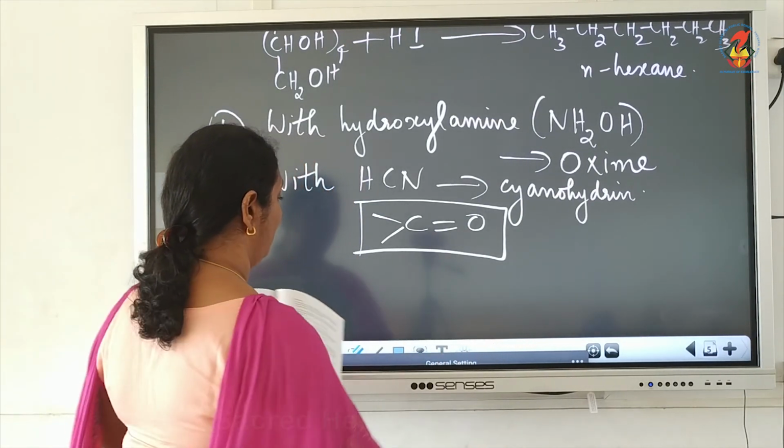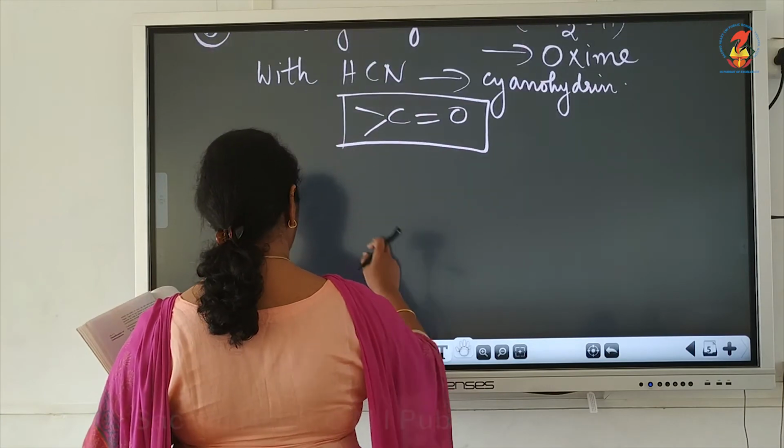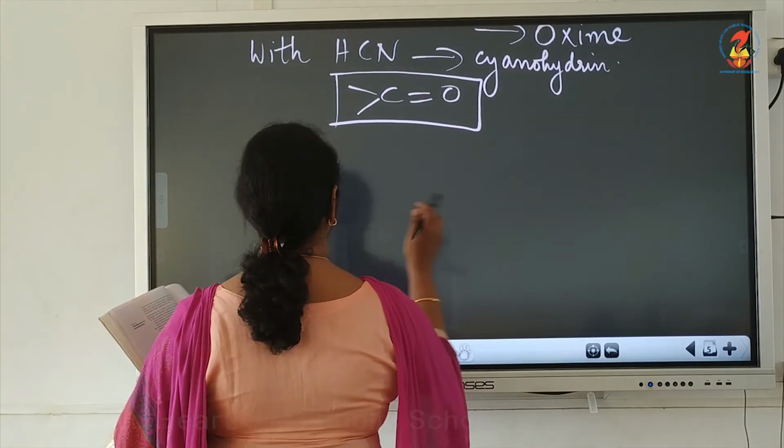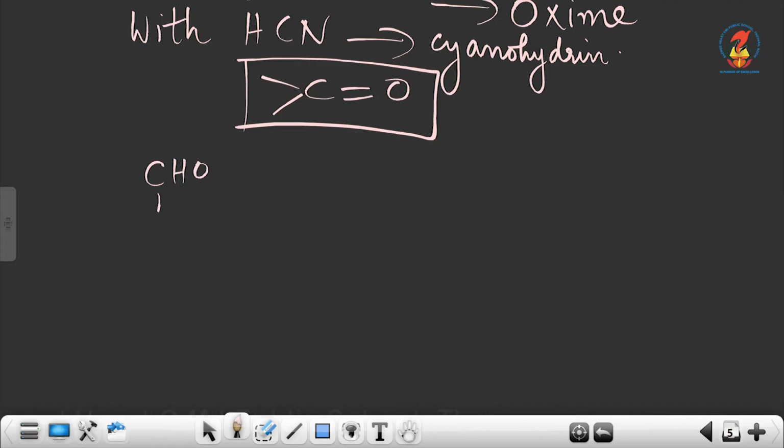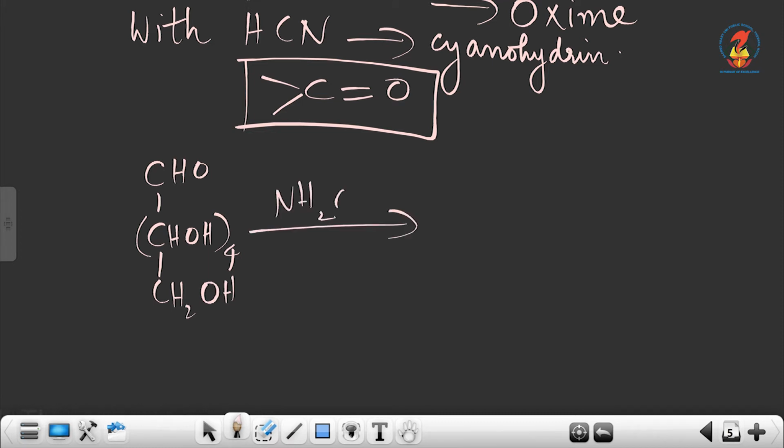So let's write the reaction. There is glucose. Glucose is CHO, (CHOH)4, CH2OH. When treated with hydroxylamine, NH2OH, a water molecule is lost and we get CH=NOH.